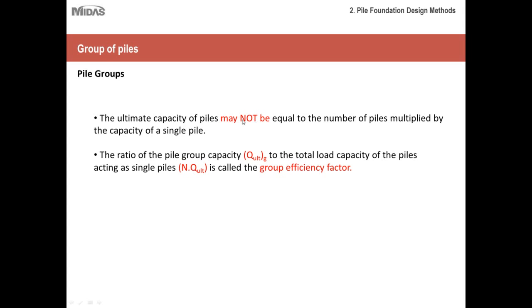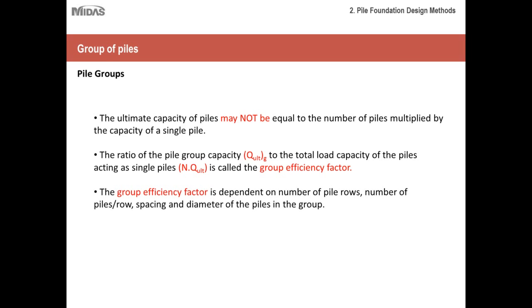So, like I said, the ultimate capacity of the pile group will not be equal to n times the capacity of one pile. So let's say the group capacity is 450 and the total is 500, the ratio is called the group efficiency. So this will be roughly 90% as a group efficiency factor. So it is very rare that you could achieve 100% efficiency in this group pile effect.